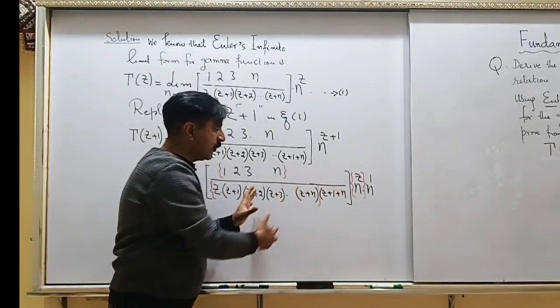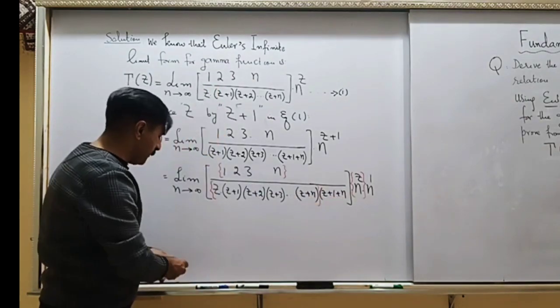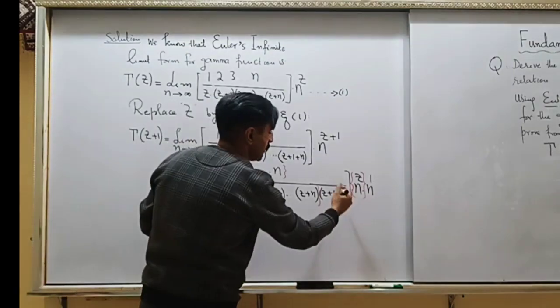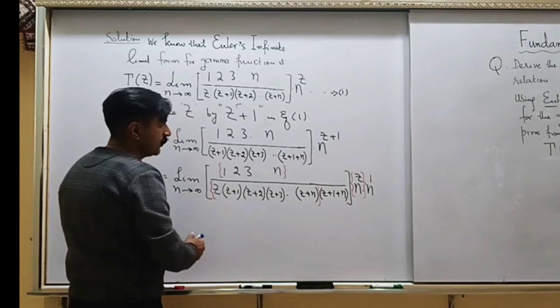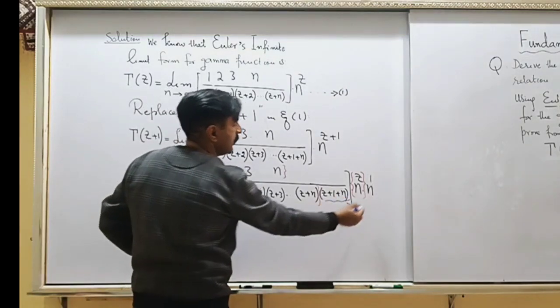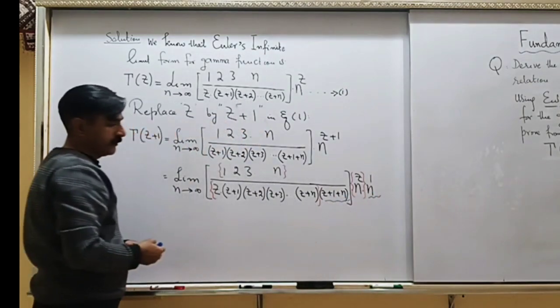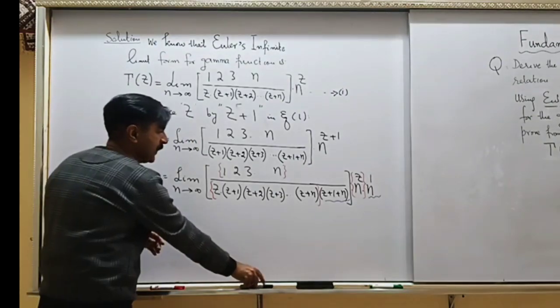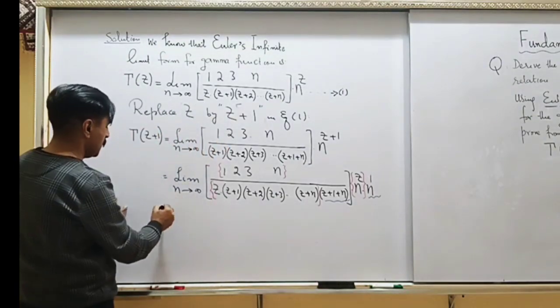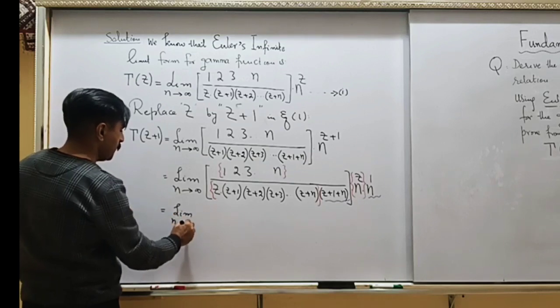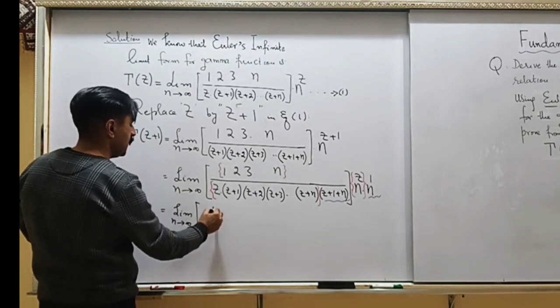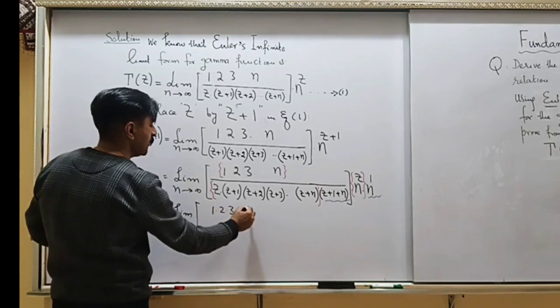So group all these together and separate the other factors. What are the other factors? So 1, this, and this one. You can rearrange in this form: limit n approaches infinity, 1 into 2 into 3 dot dot n.